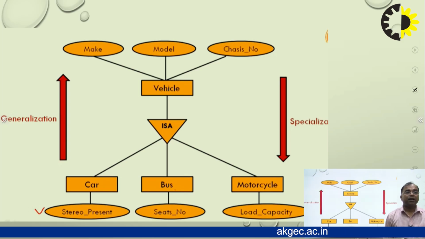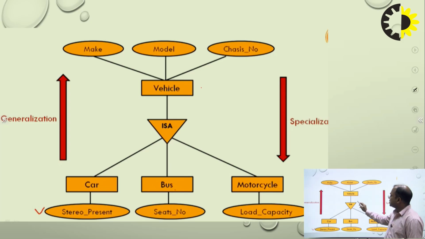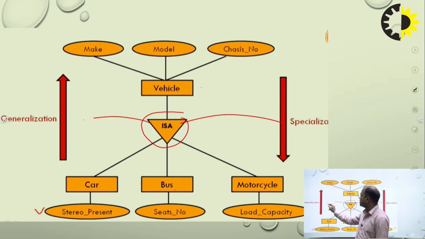Next is how we see it in a common diagram. This is the common diagram of generalization and specialization. Here vehicle has a relationship with bus, car, and motorcycle. This relationship is common to both specialization and generalization.